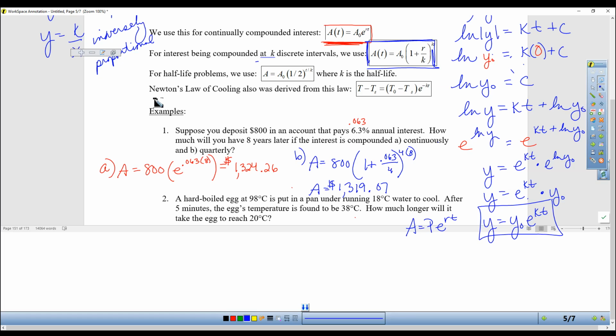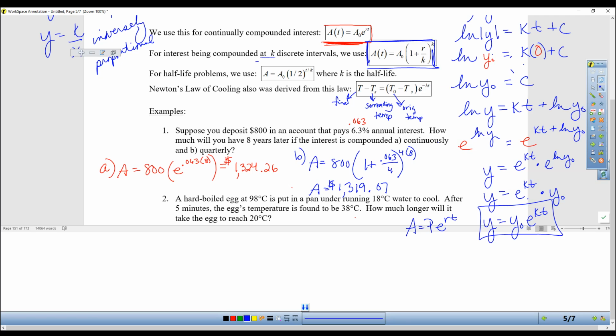So to figure this out, we're going to use Newton's law of cooling, which again was derived using calculus, but we just need to use the law. So T stands for the final temperature. This stands for the surrounding temperature. This, as usual, stands for the original temperature, but they don't tell us k.